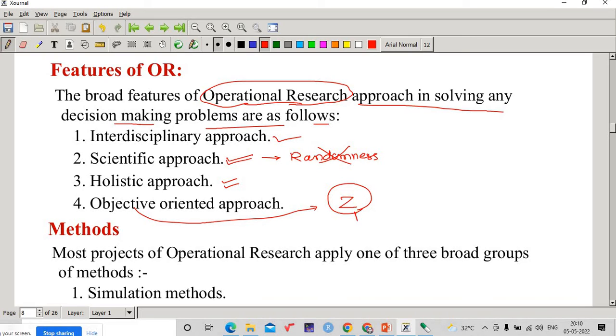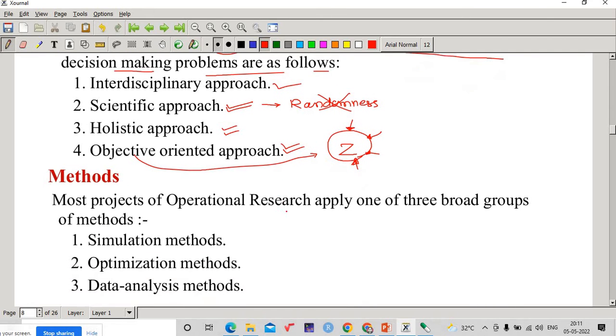So what to do with this Z? Whether we want to optimize it, whether we want to get a major profit, whether we want to minimize the losses, whether we want maximum output in terms of productivity. All that objective based approach we will be following in operation research. So those are the biggest features of operation research, we may say.